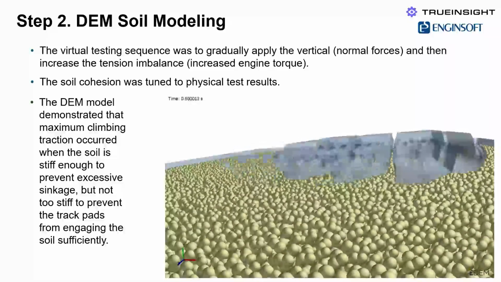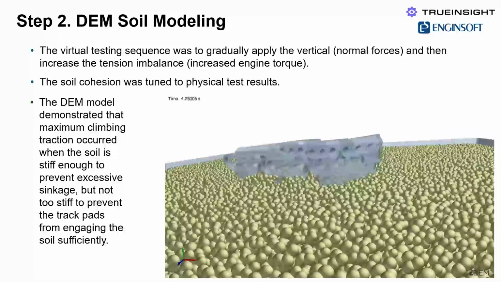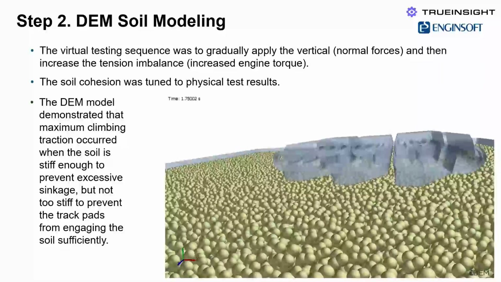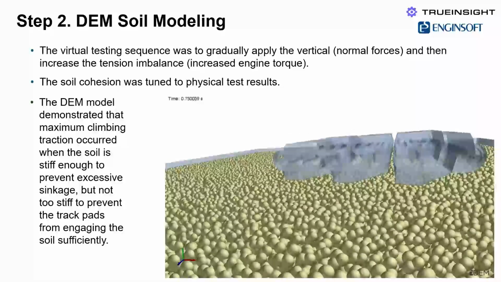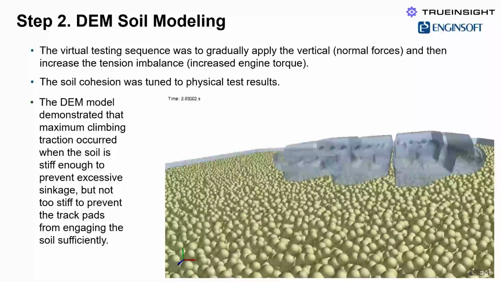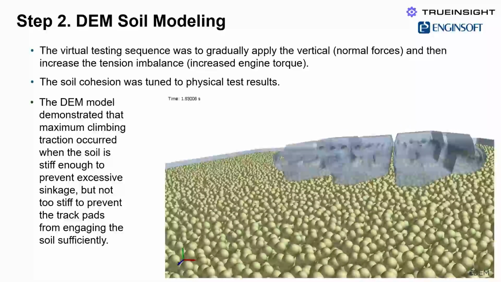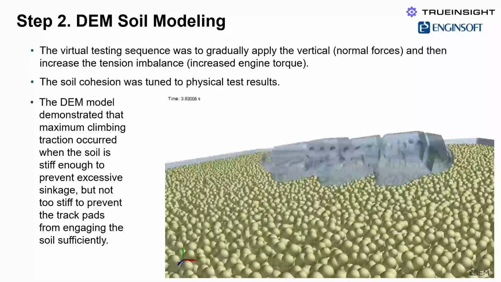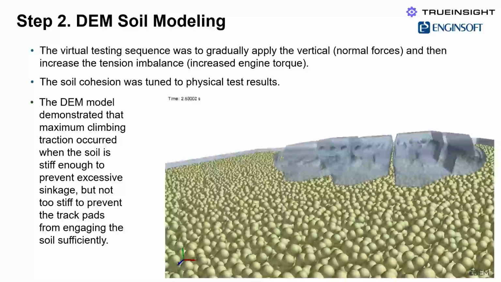So basically, as the track is digging in and interacting with the particles, it can handle a higher and higher breakout force, but then as the relative velocity gets high enough, that's when it breaks free.